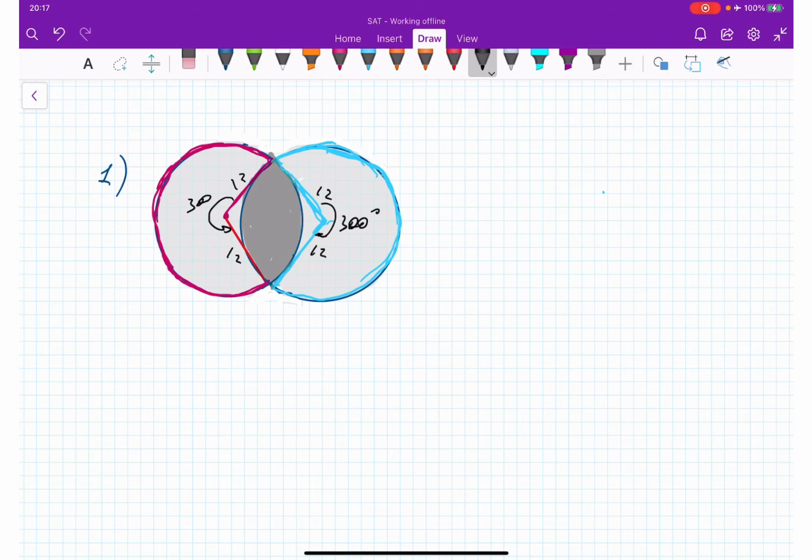Practically, it's going to be equal to this shaded area that we have. Let me shade this area. I need to find the area of this shaded area, and this one also.